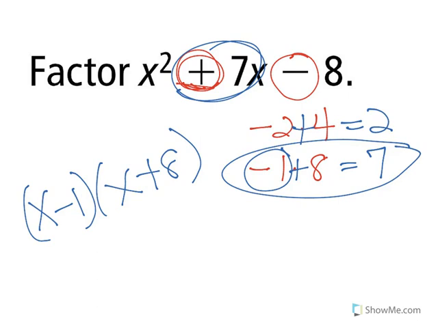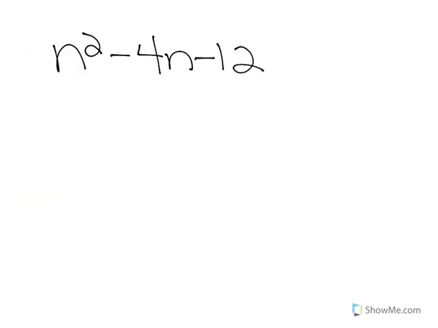Okay, now let me pause and make up a new equation. Okay, so here is an example where B and C are negative, right? So what that means is that when we figure out our factors, the bigger one is the one that's negative. Okay?